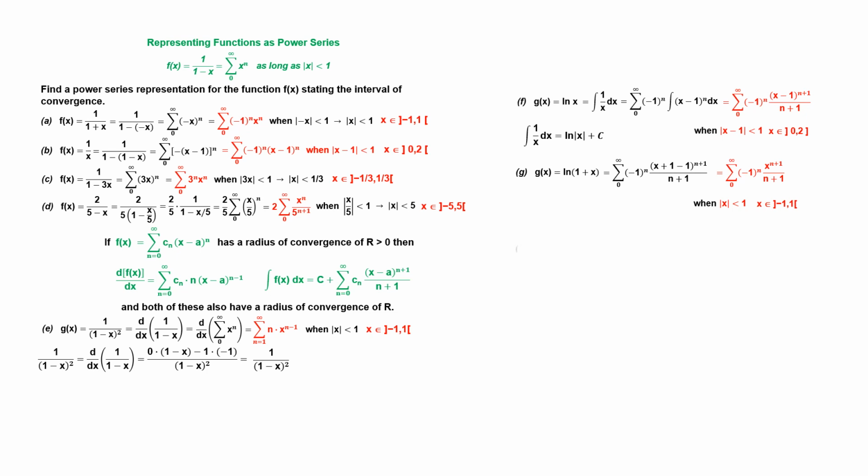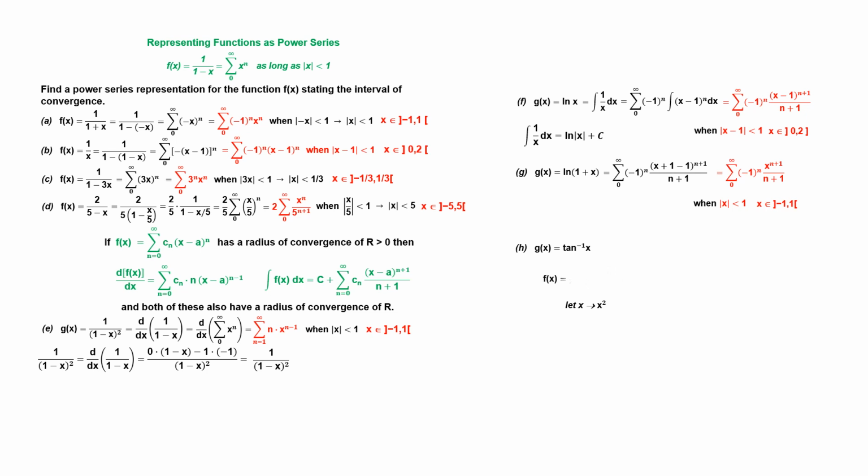Find a power series representation for arctangent of x. Recall that arctangent of x is an antiderivative of 1 over x squared plus 1. We, therefore, need a power series for 1 over x squared plus 1. We start by looking at item A. If we change x by x squared, we obtain a power series for 1 over x squared plus 1.